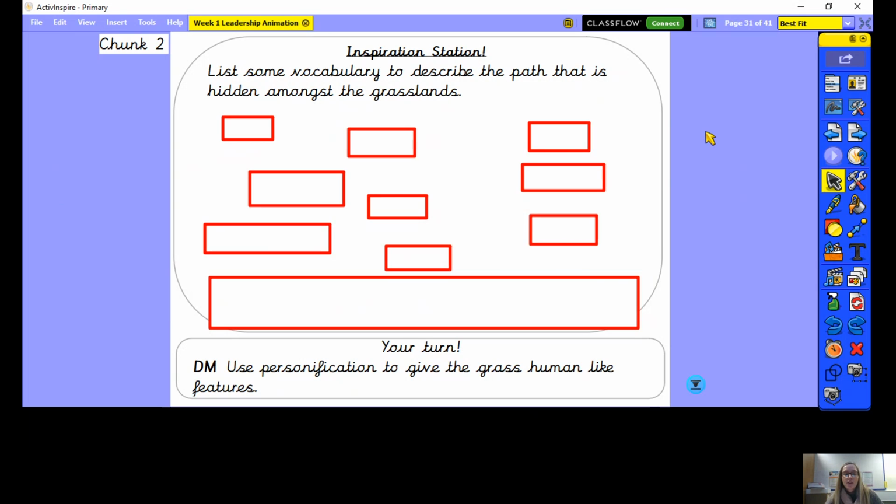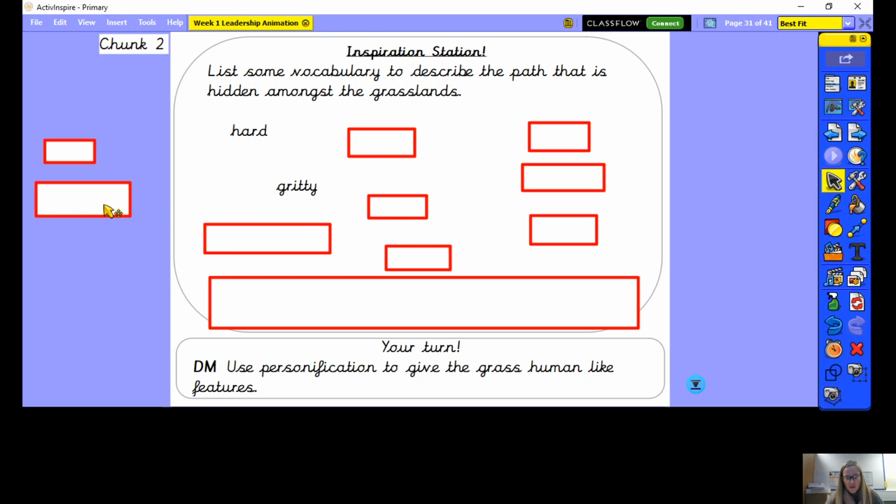Okay, so now you've had another look at the video. Write down some words to describe what that path might be looking like. Pause the video now while you do that. Okay, so I'm going to give you some of my ideas that I've come up with. It's hard and gritty.